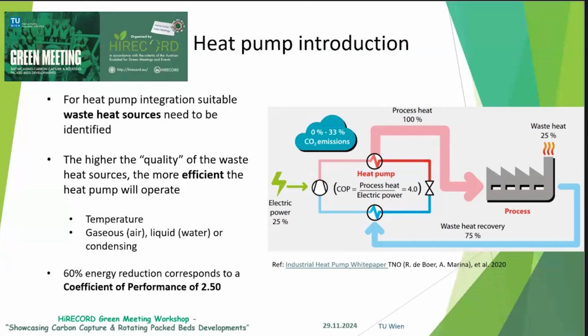And to achieve this 60% energy reduction, we actually need a coefficient of performance, which is the ratio between the amount of useful heat we provide and the amount of electricity we put in, of 2.5 or higher, if possible.